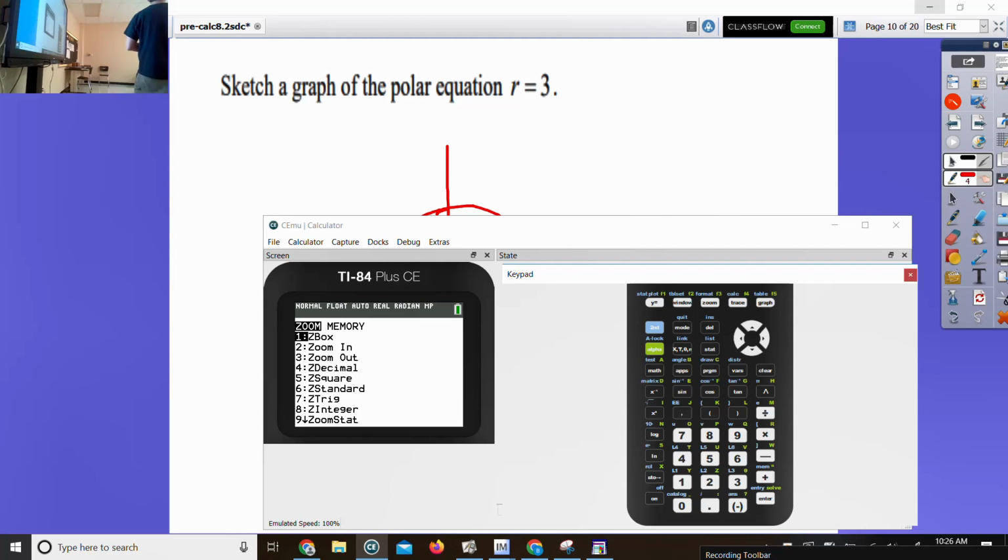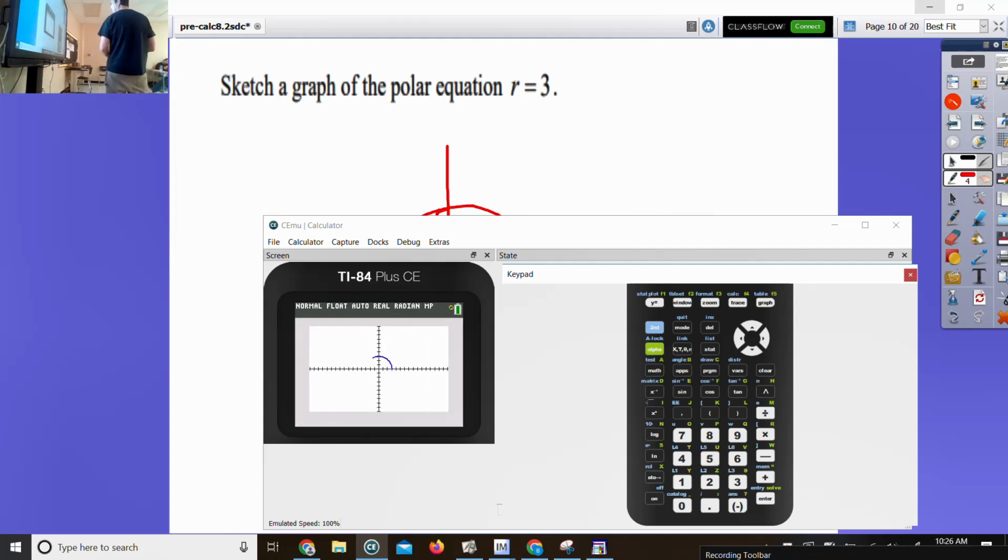You know why you choose zoom square over zoom 6? Because the calculator goes out 10 units and up 10 units, but the screen is a rectangle, isn't it? That means each thing on the x-axis is a little bit wider than it should really be. Zoom square is an attempt to correct that. And there's your circle.